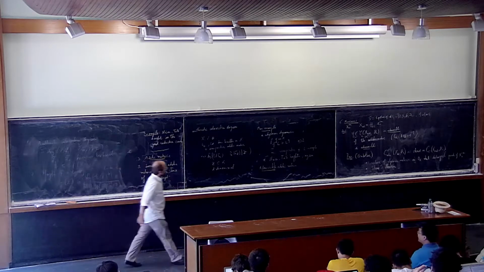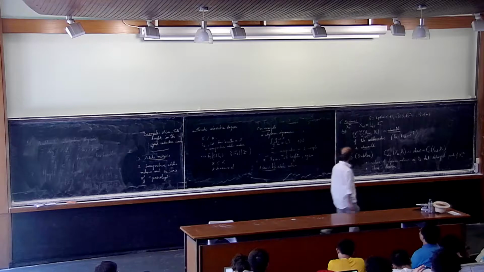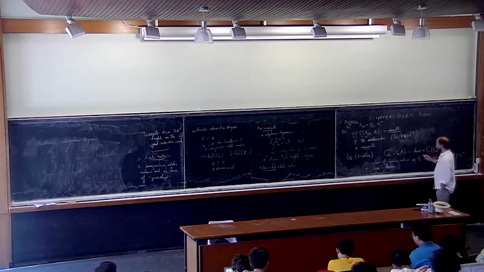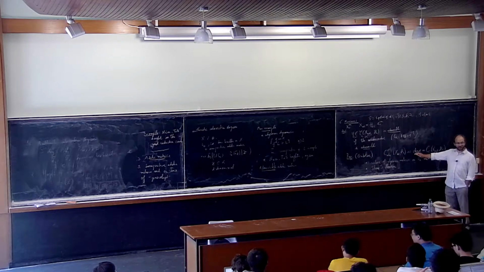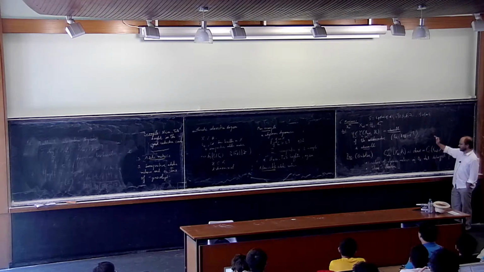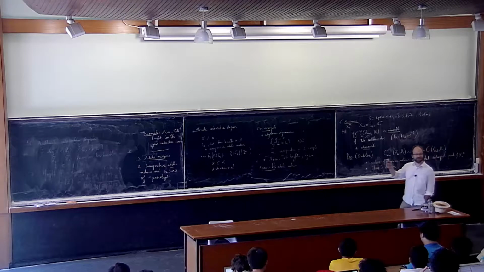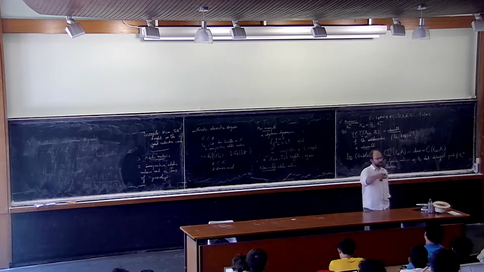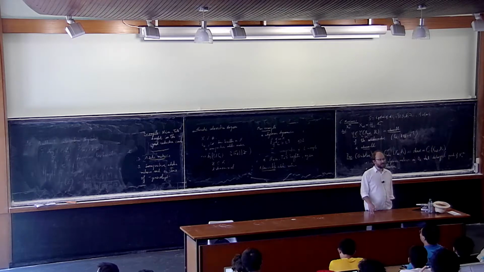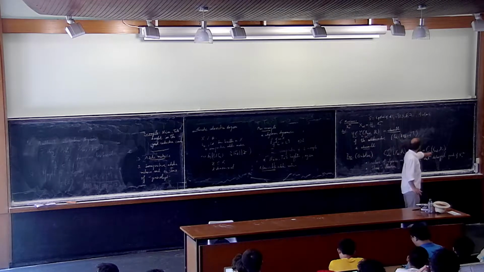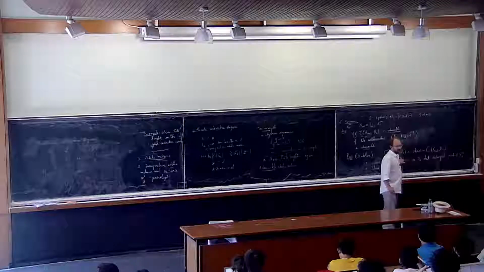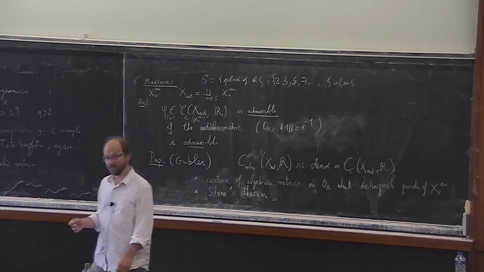So maybe just a little stuff. What does this statement mean? If I'm looking at one finite place only, it means that if I give myself any continuous function on X_v^an, which is compact, then it's a uniform limit of admissible functions.